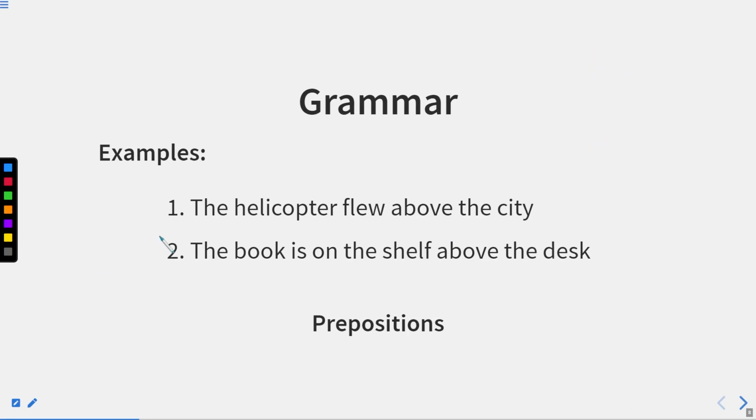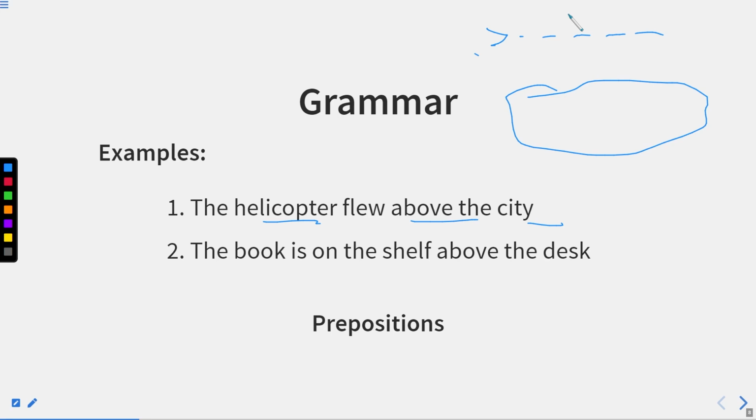For example, the helicopter flew above the city. Now the city area is here and the aeroplane, of course the aeroplane flies in the sky, so the aeroplane is flying over here, so this is the above position in respect to city. So we can say the aeroplane is flying above the city, just because it is just crossing the city from there. Now, in case of aeroplane, we can use different prepositions.